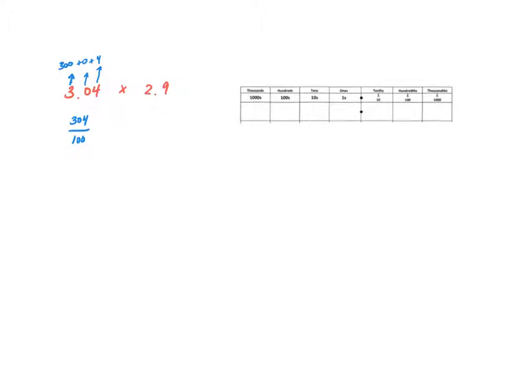So altogether I have 304 hundredths. And this next factor is equal to 29 tenths. 2 and 9/10 is 29 tenths. Each of these two wholes is worth 10 tenths, so I have 20 tenths, and this is worth 9 tenths, so altogether I have 29 tenths.